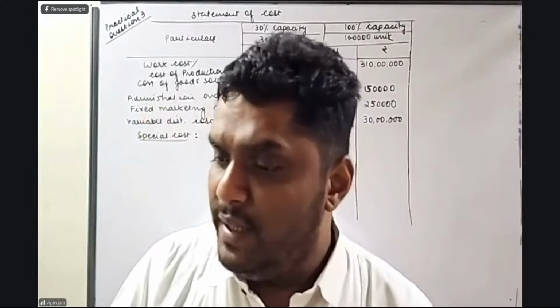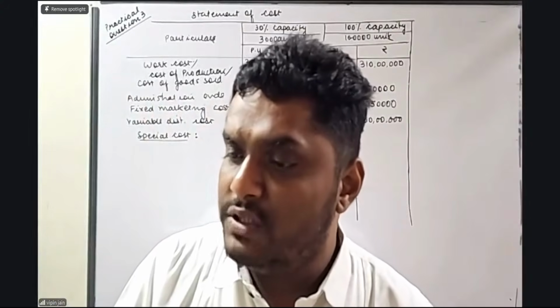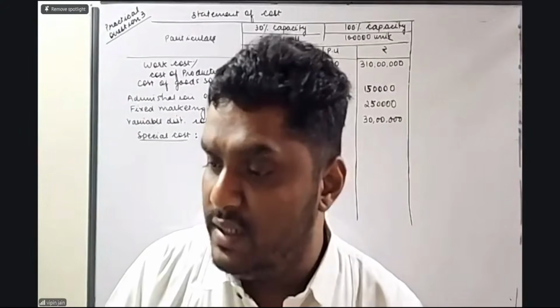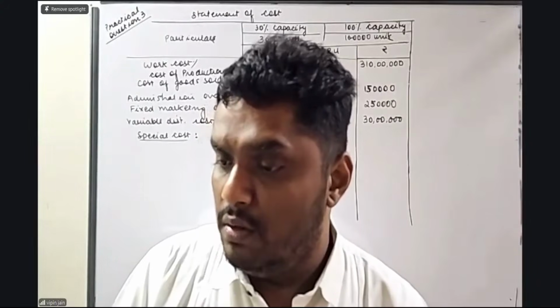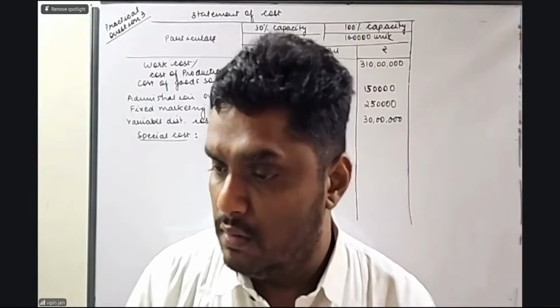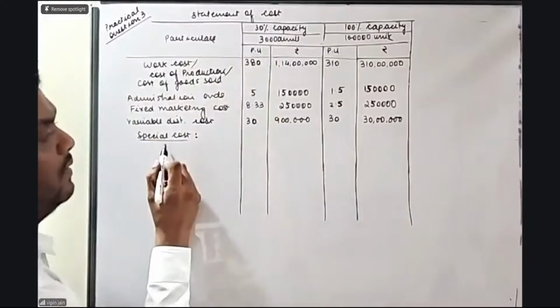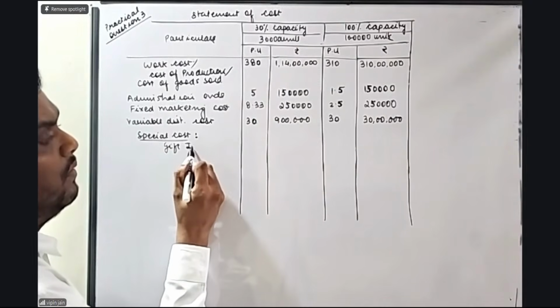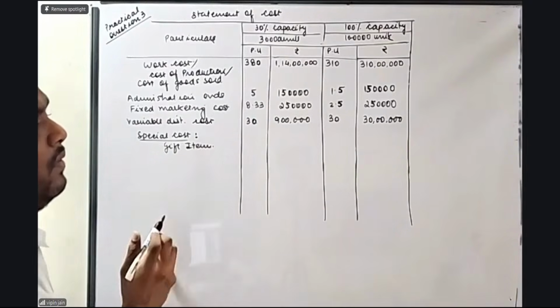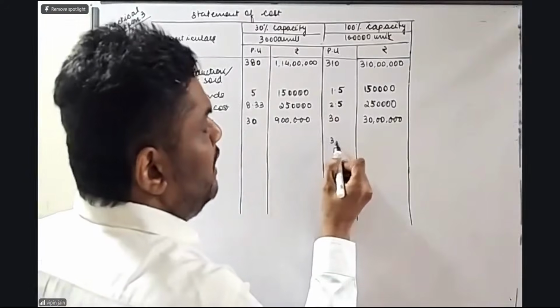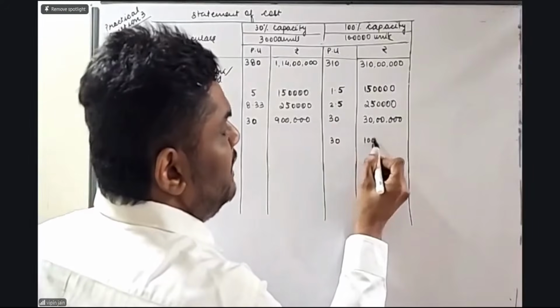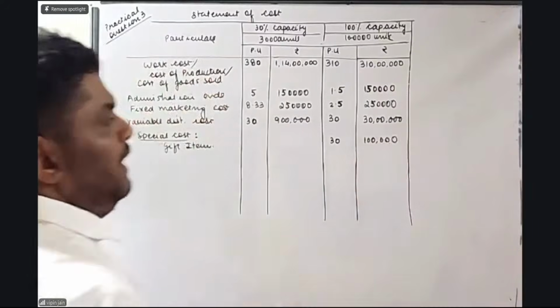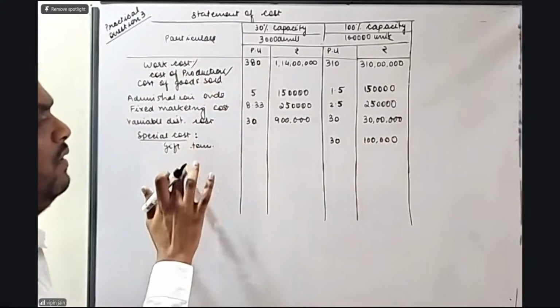The first item is a gift item costing rupees 30 per unit on sales, on every unit sold. So 30 into 1 lakh is 30 lakh. So the first item is done.